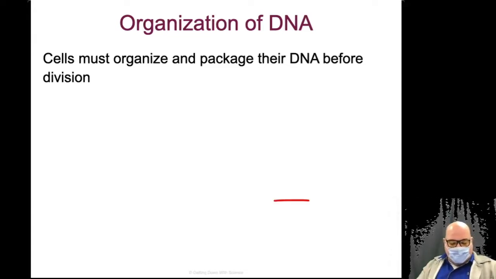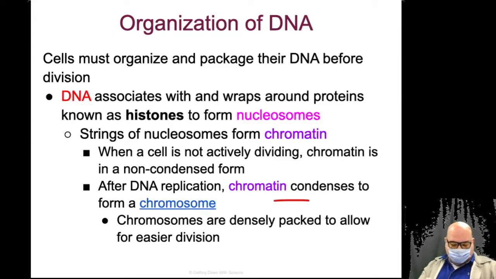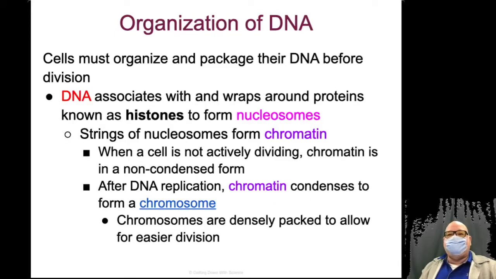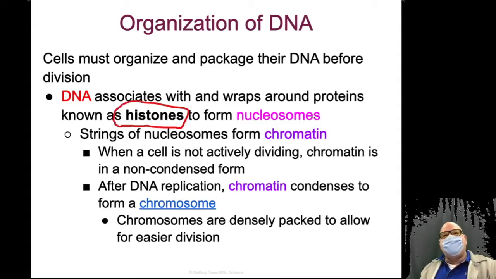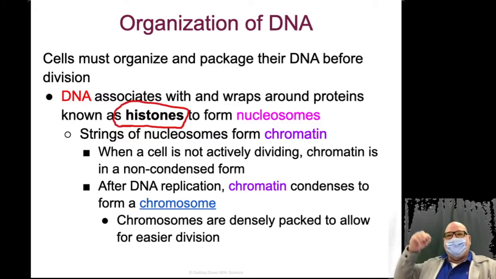So what does that mean? DNA wraps around a protein called histone. Some of your key words here I'll start underlining, okay? These are sort of like little packing boxes, and the DNA will wrap around them and condense.